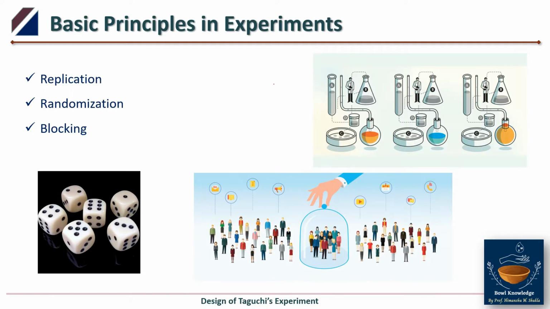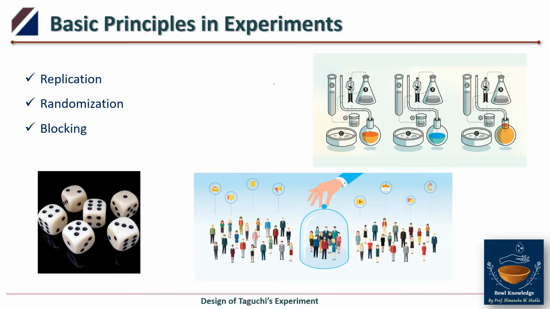So what are the basic principles in experiment? Number one, replication, which basically means if we repeat the experimentation with the same standard operating procedure, what is the consistency in result? So if we repeat the same experiment by the same process two or three times, the results must be the same.